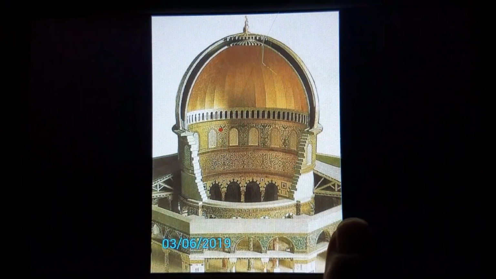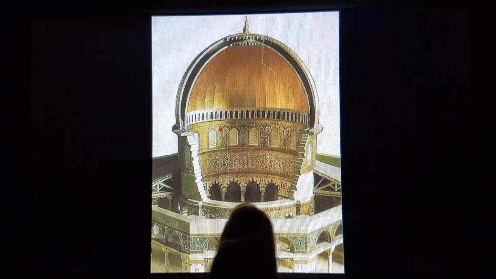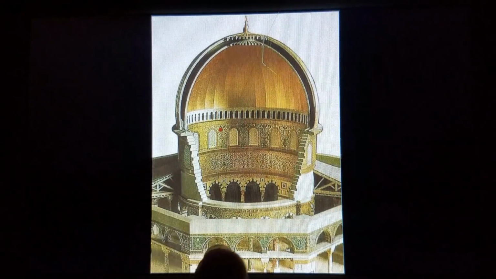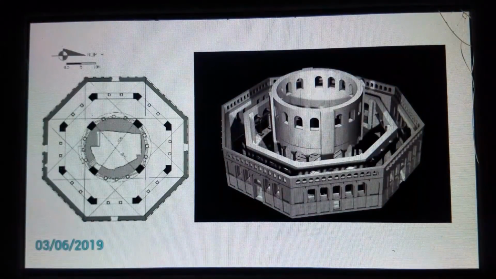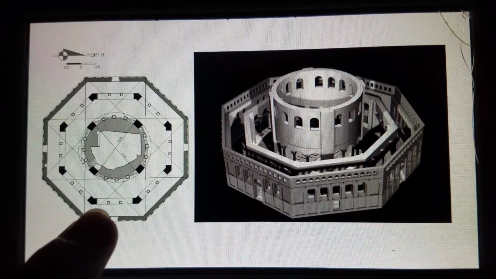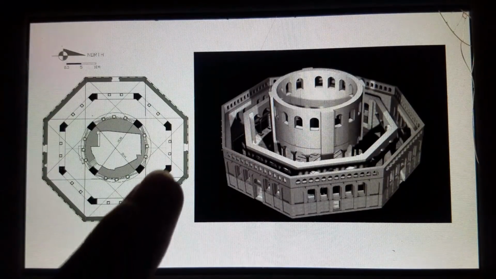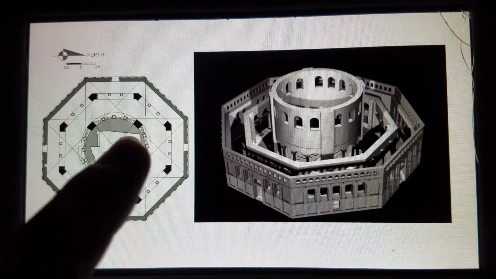Here are some architectural layouts of the Dome of the Rock. Again, we have the round feature inside the dome, and then the octagonal on the outside. Just like Kathisma Church, we have octagonal, three layers, one, two, three, and the seat.